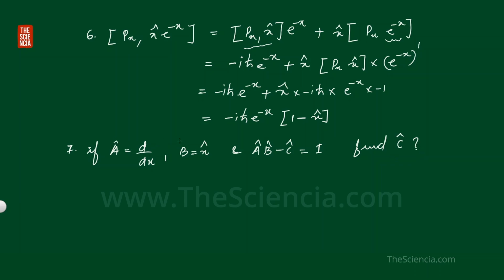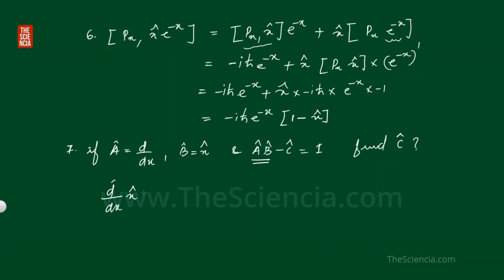So b operator, a operator and all. How can we find it out? First we have to solve this one, a operator, b operator. What is a operator? d by dx, and what is b operator? x cap.